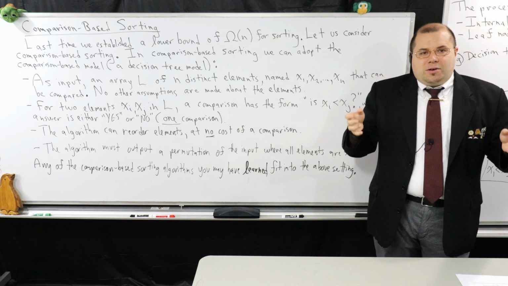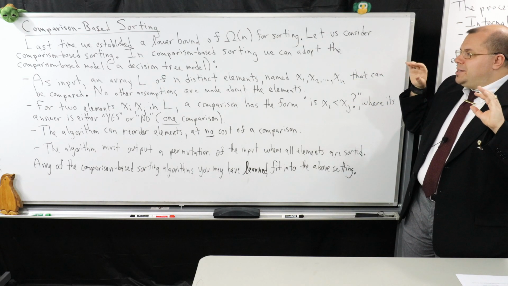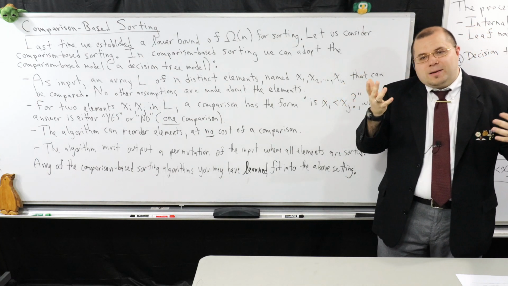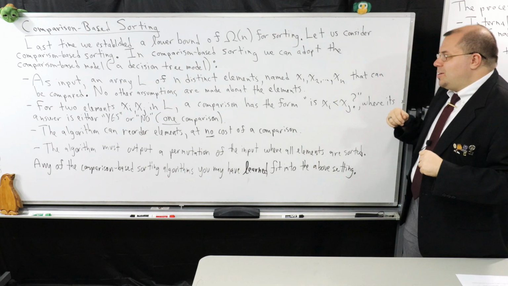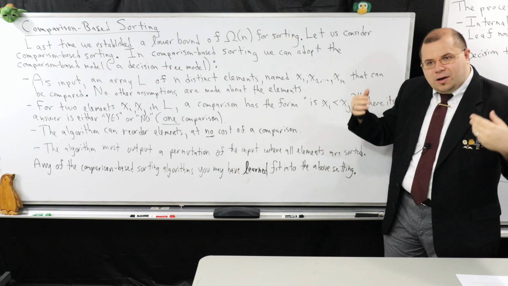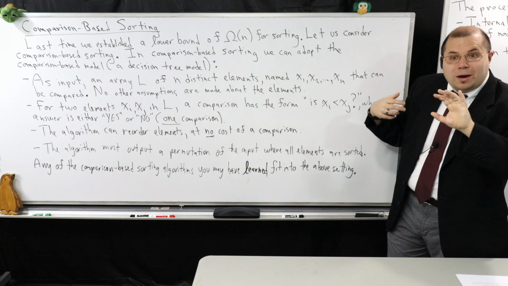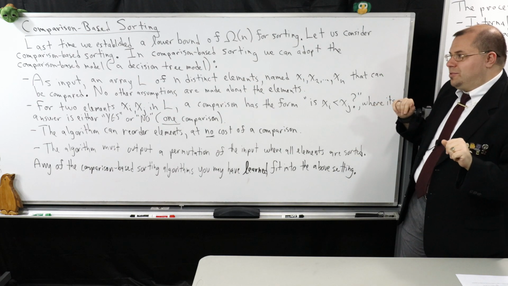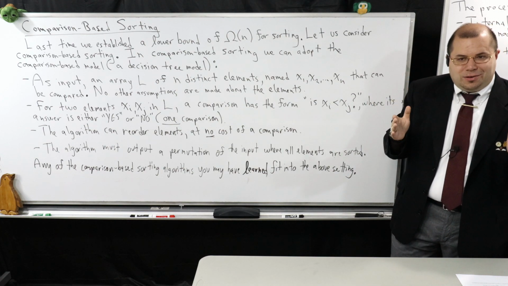These are all comparison-based sorting algorithms. We're going to fit all of these kinds of algorithms, the ones that make comparisons between two elements and then do something. We're going to measure the complexity of any comparison-based sorting algorithm, not just one given one, by using this so-called comparison-based model.